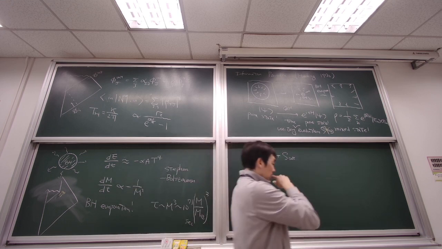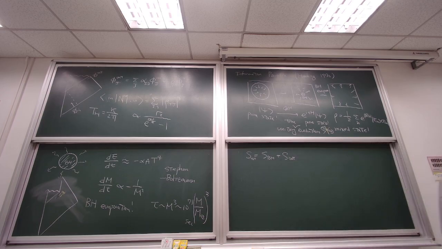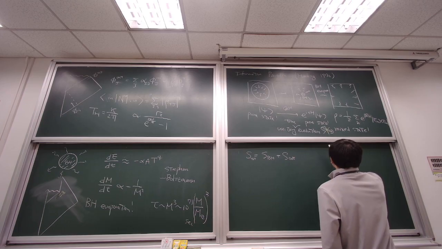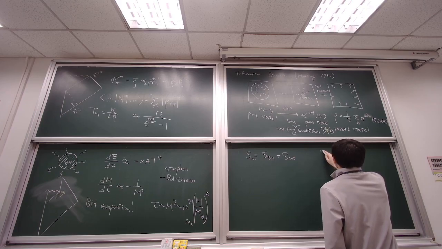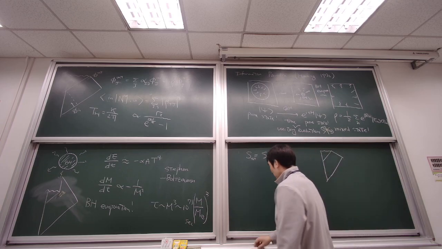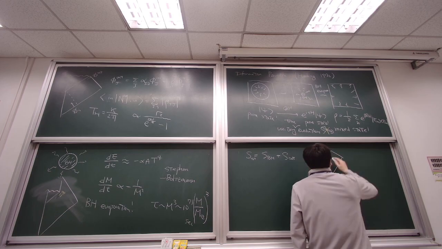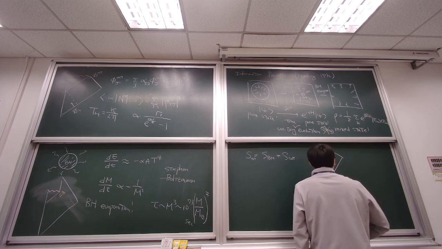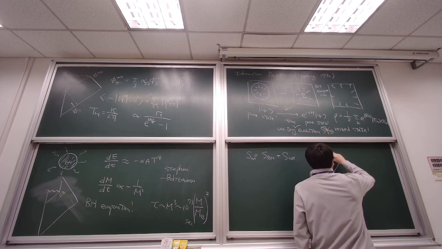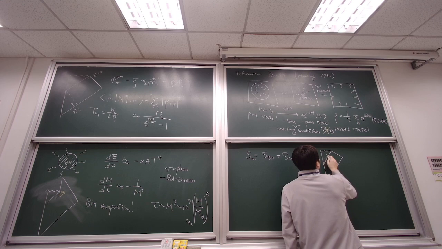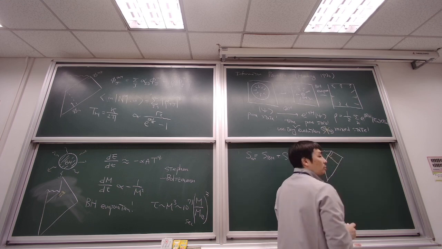For instance, if you have a black hole and you throw some matter into the system, the black hole will become fatter like this, right? And the entropy will increase.